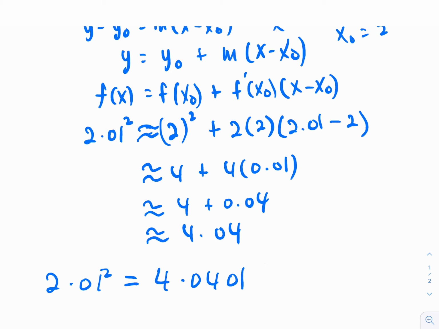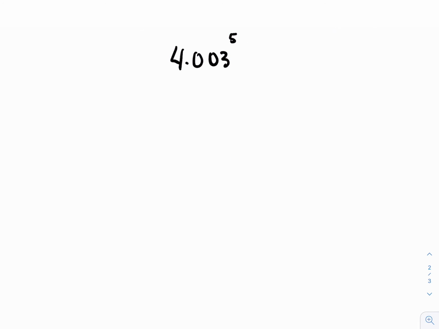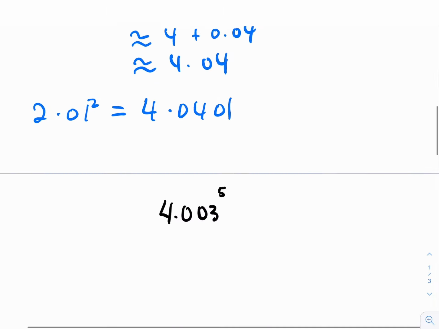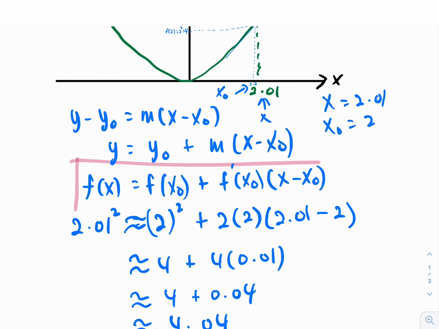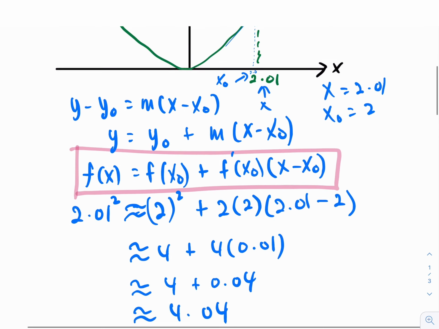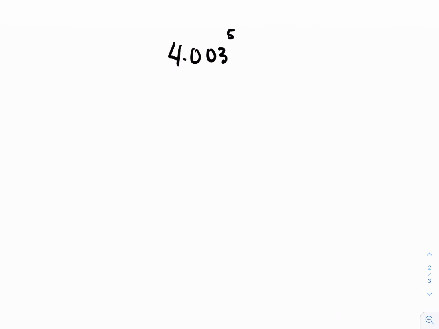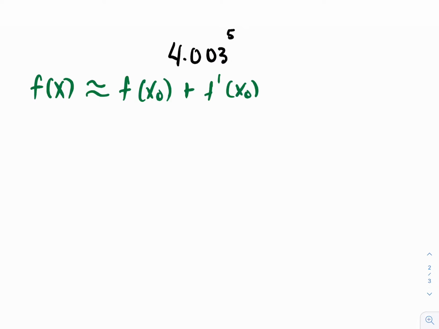This is the concept of linear approximation. Now let's look at another example. Let's say we want to approximate 4.003 to the power of 5. Using the formula that we derived earlier, we can just use it again: f(x) is approximately f(x naught) plus f prime of x naught multiplied by (x minus x naught).